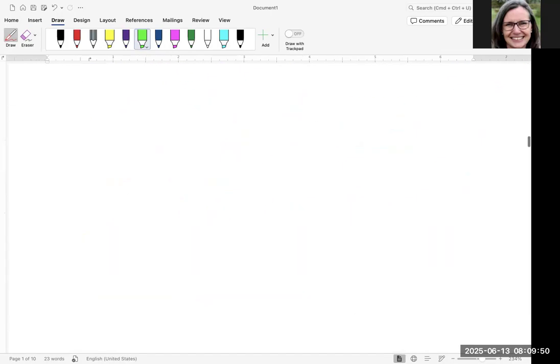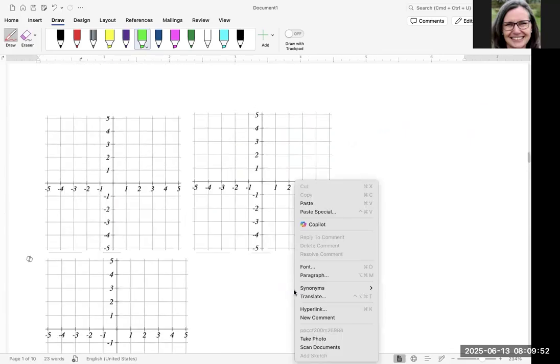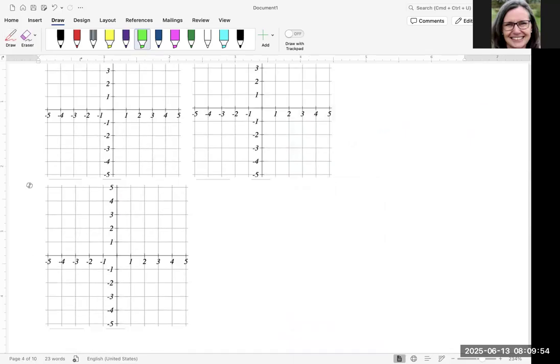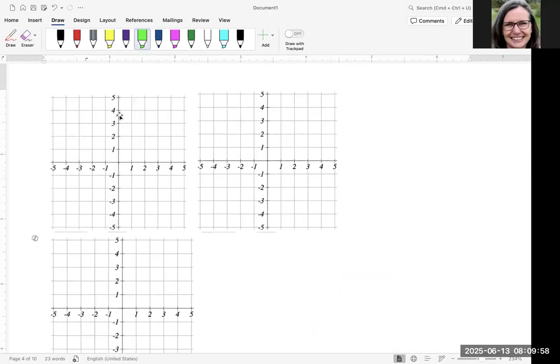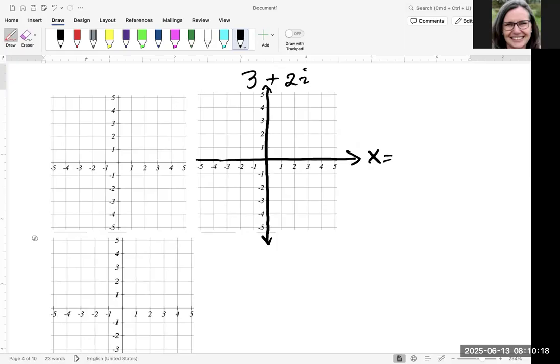When asked to graph, if we're going to graph three plus 2i, our x number line is still the real number system. Our, what was normally the y coordinate or y number line, this is going to be our bi portion of the number system.